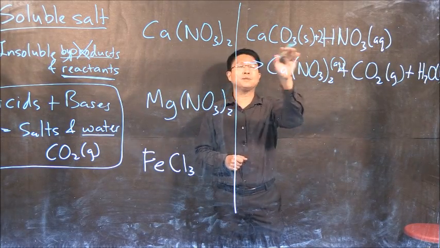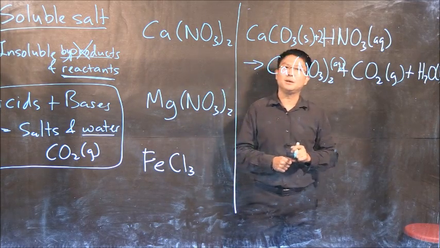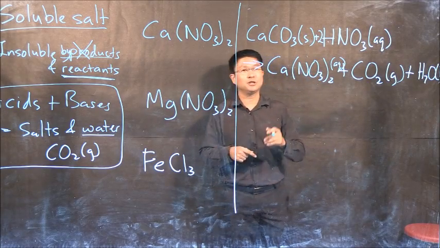We know that calcium carbonate is a solid. Therefore, if I have any excess calcium carbonate, we can easily filter it off before we evaporate the solution of calcium nitrate.